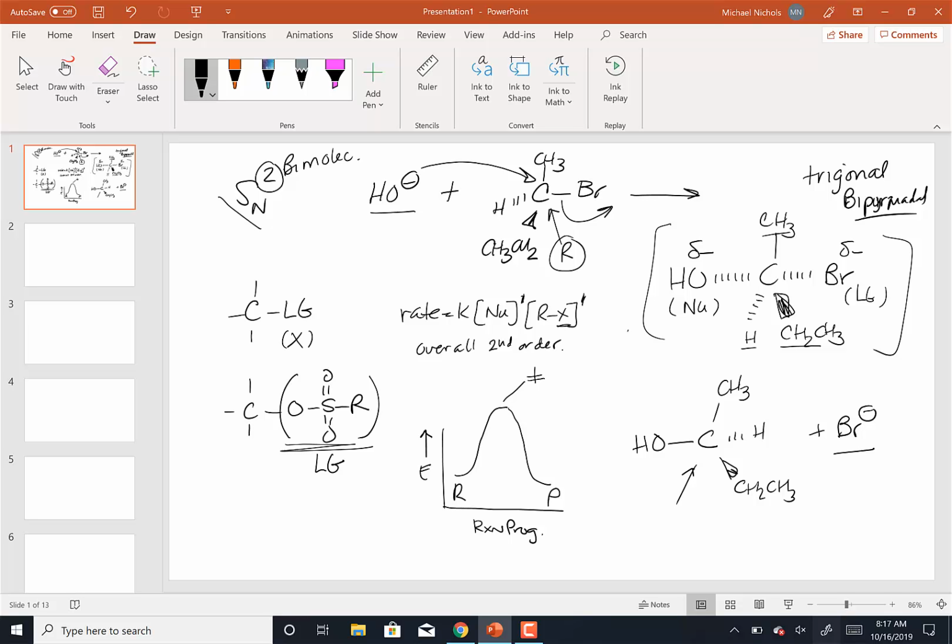In the final product, what is the stereochemistry? It's going to be S. Hydrogen is 4, oxygen's 1, ethyl's 2, methyl's 3. 4 is pointing away from me. Going from 1 to 2 to 3 is counterclockwise. So this is the inversion of configuration portion of the SN2 mechanism.